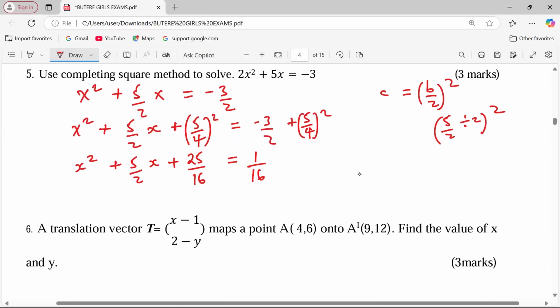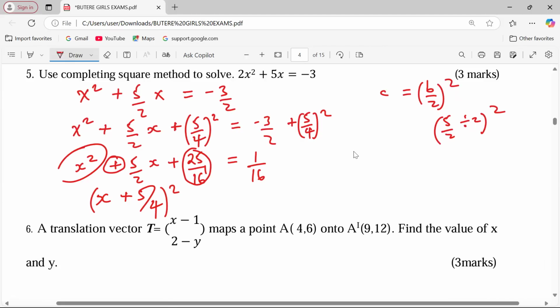Now we take square root, the other stage now. We take square root of both sides. Not really, we don't take square root yet. We factorize the left-hand side. To factorize a perfect square means we take square root of the first part, x, then the sign that follows, which is a plus, then the square root of the constant here, which is 5/4 squared.